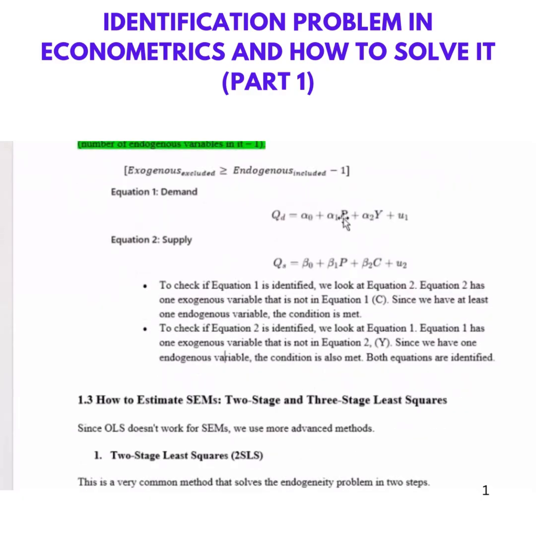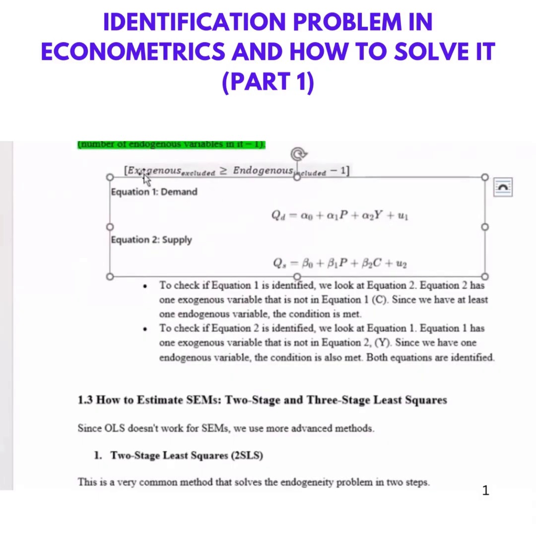P is endogenous because it is found in both equations. It is affecting both equations, so we call it endogenous. It is determined within the model. Quantity demanded and quantity supplied are definitely the dependent variables. Y and C are now the exogenous variables. And another term for exogenous variable is the independent variable.